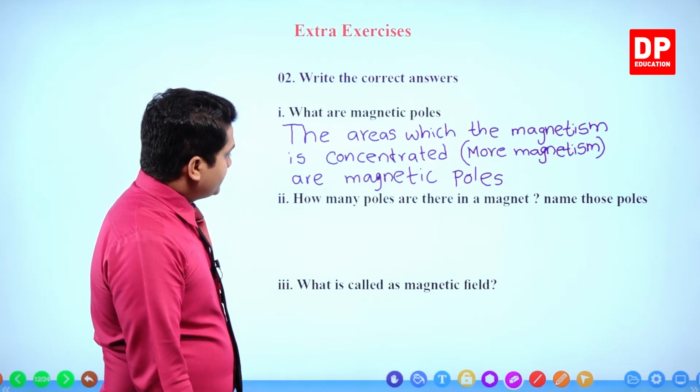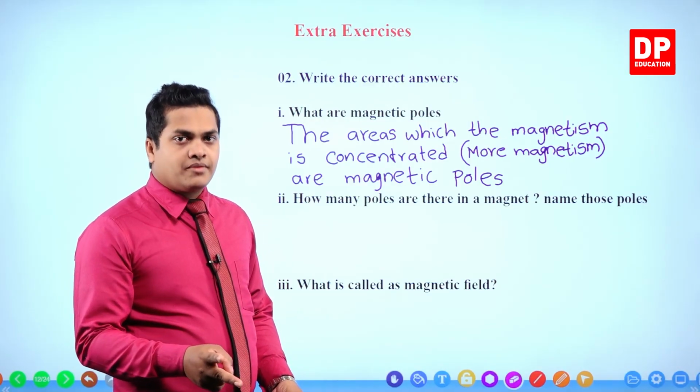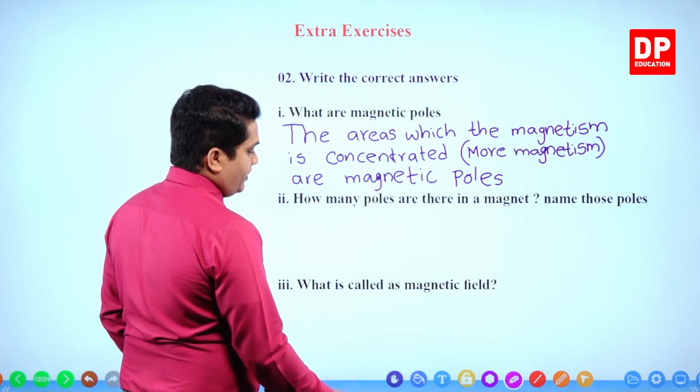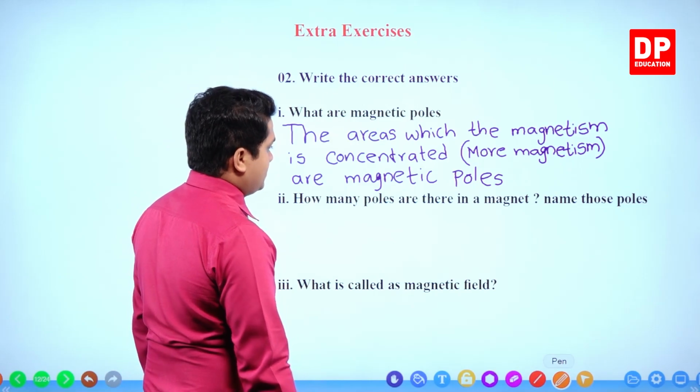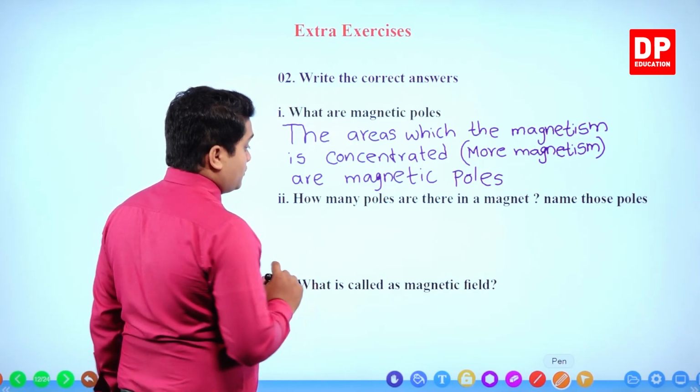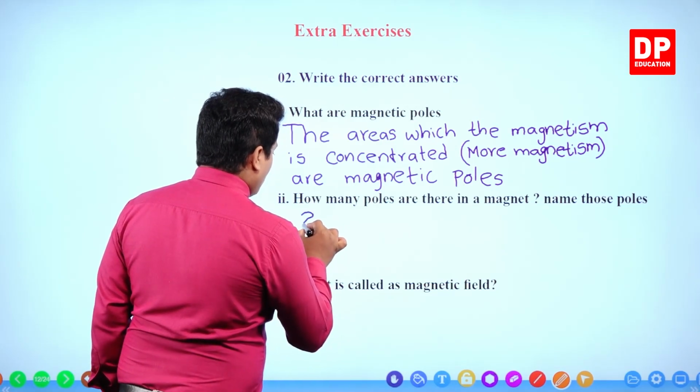The next question: how many poles are there in a magnet? Name those poles. So you know that in the earlier case also I told you that there are two magnetic poles. In any kind of magnet we can observe two poles. So first of all we need to write down how many are there, right? So two poles.